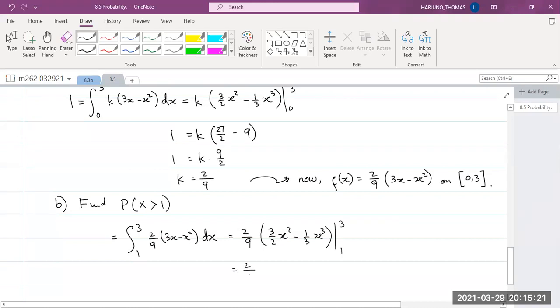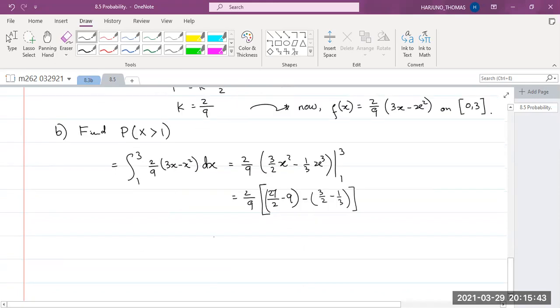There will be 2/9 times, at 3, 27/2 minus 9, minus, at 1, 3/2 minus 1/3. This is 9/2 minus 7/6.